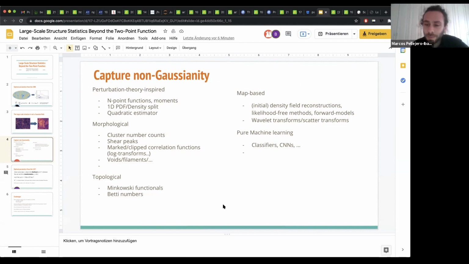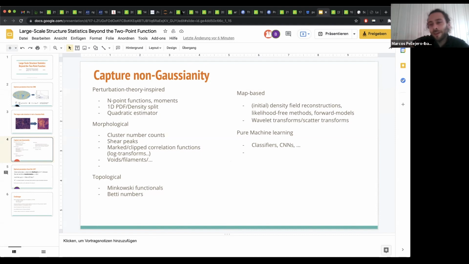Right. Stefan, before we move to the difficulties of computing some of them, I have one question. We know that with n-point functions, in principle, no matter how non-Gaussian the field is, if you go to infinite n, you recover all of the information from that field, right? So theoretically, I think it's proven.